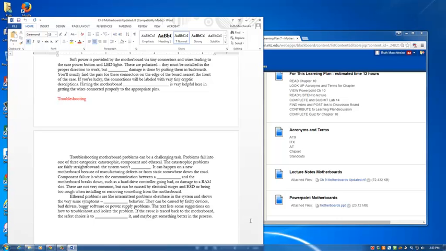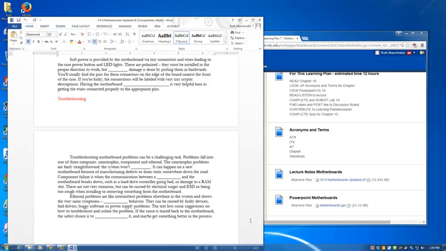Ethereal problems are like intermittent problems elsewhere in the system, and they show the very same symptoms: flaky behavior. They can be caused by faulty devices, bad drivers, buggy software, or power supply problems. The text lists some suggestions on how to troubleshoot and isolate these ethereal problems.